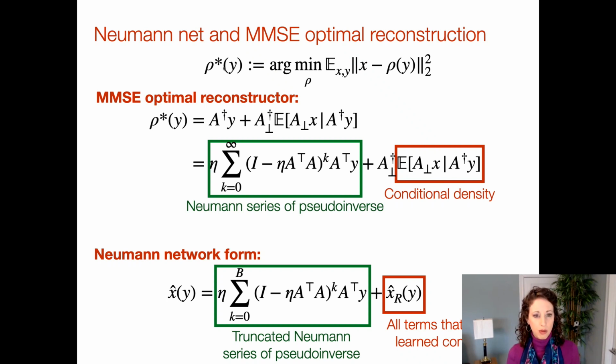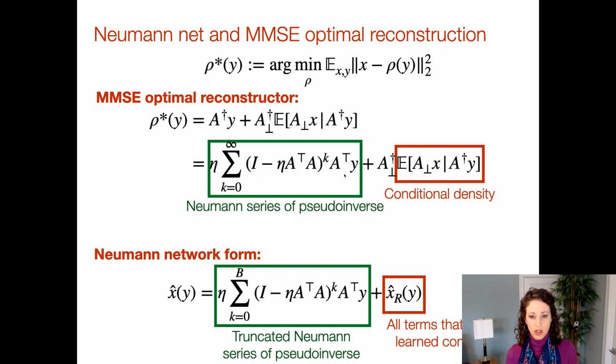So we're going to call this rho star. And in the context of our particular setup with forward model A, we can actually write down an explicit expression for what that optimal reconstructor would look like. And with just a few algebraic manipulations, we can see that there are two key terms.